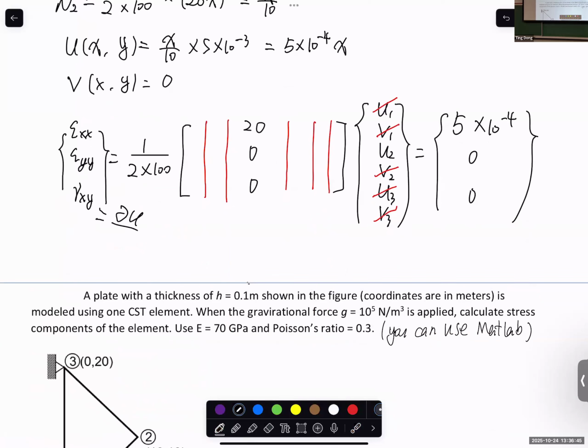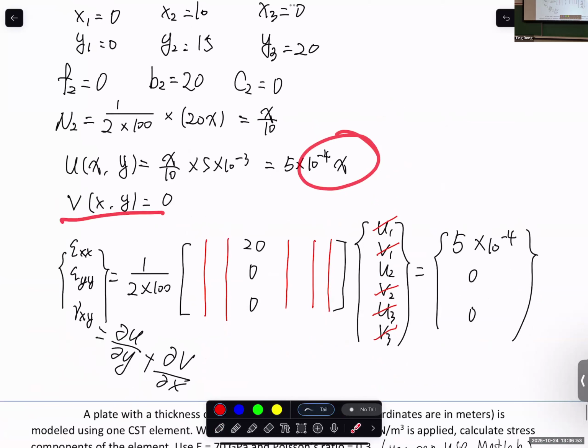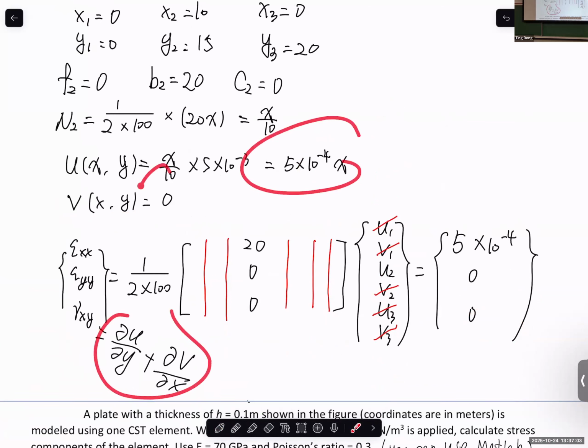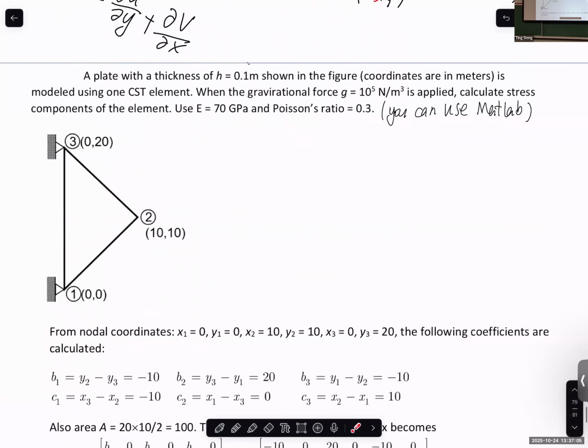For the U expression, there's really no Y and V is 0. So 0 plus 0 equals 0. So whichever is convenient for you, you can use either method. I personally believe using the definition is much faster.